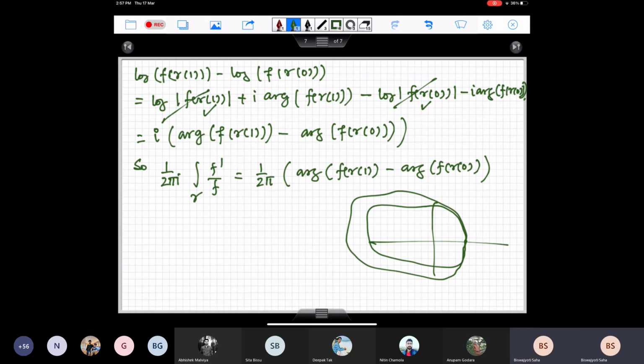So it may so happen that your f is such a function that, even without completing a full circle around 0, like you started from gamma 0 and then you have gamma 1, so that's the closed curve, and on that you are going to compose f. It might so happen that f composed gamma has already become closed.